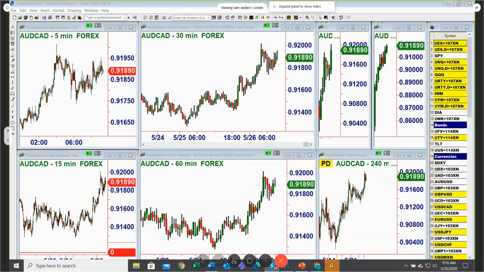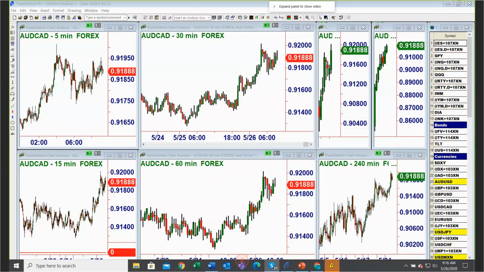All right, let's take a look at the Aussie CAD. All right, here we go. So someone was looking at this market. The first thing we do is start with the larger time frames.